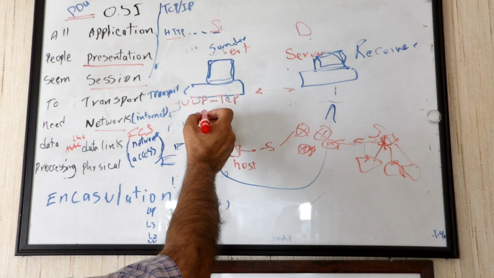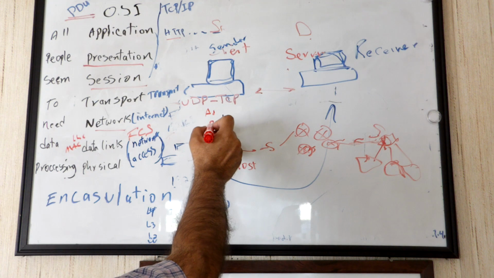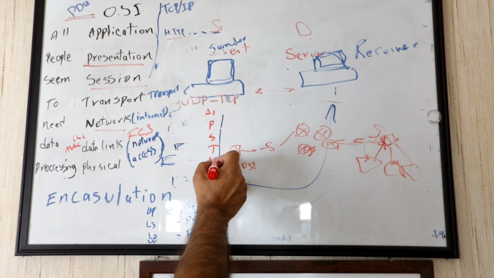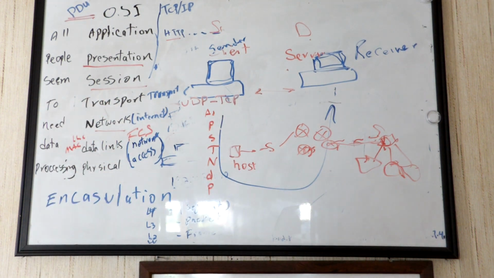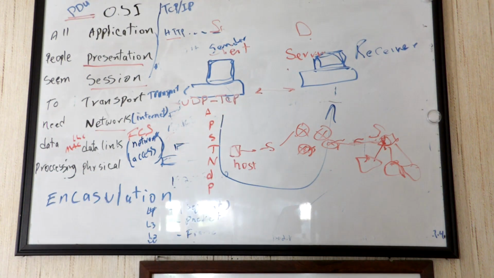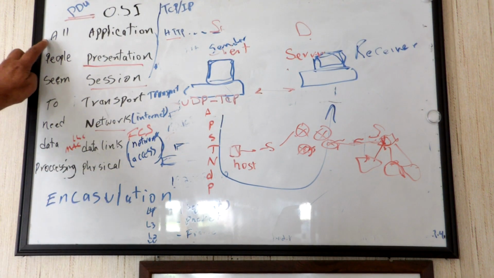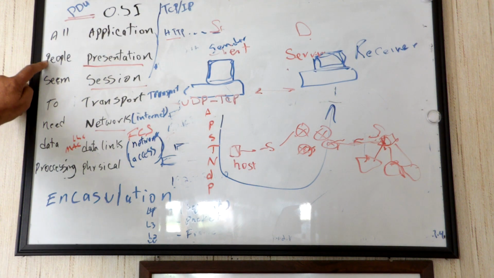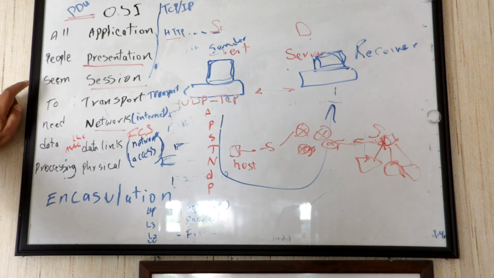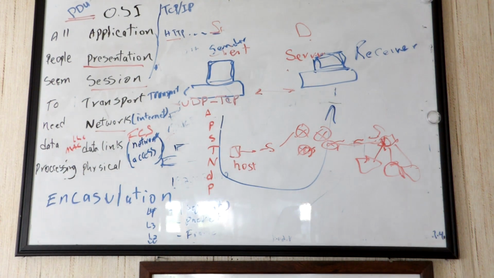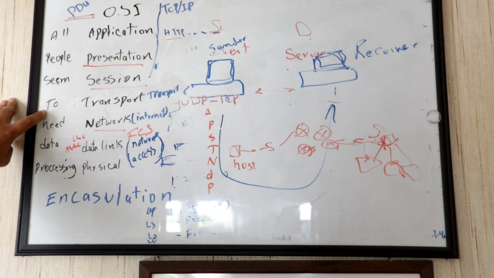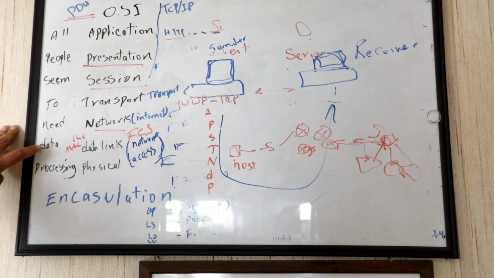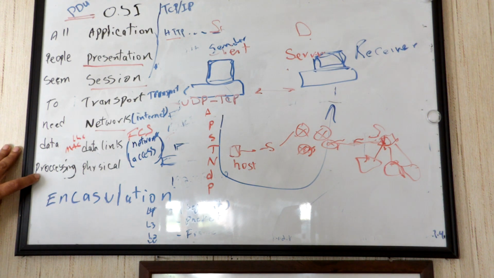You can use the abbreviation "All People Seem To Need Data Processing" to remember them: application layer, presentation layer, session layer, transport layer, network layer, data link, and physical layer.